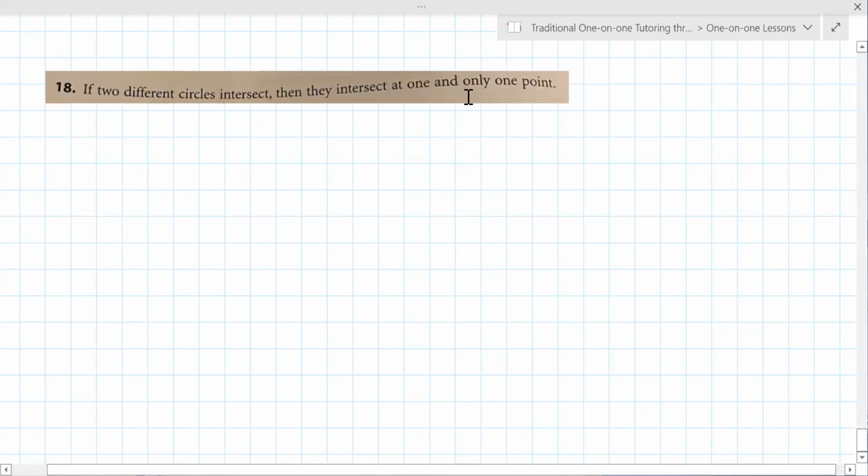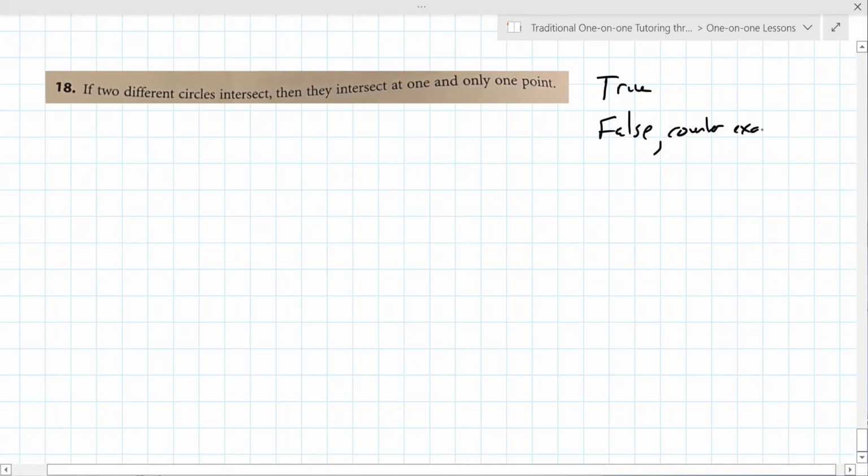So I actually have some of these old pages. Here's a question. You didn't send me this, but I think this is a good one. If two different circles intersect, then they intersect at one and only one point. So it's either true and you hope that that's right, or it's false and you provide a counterexample.